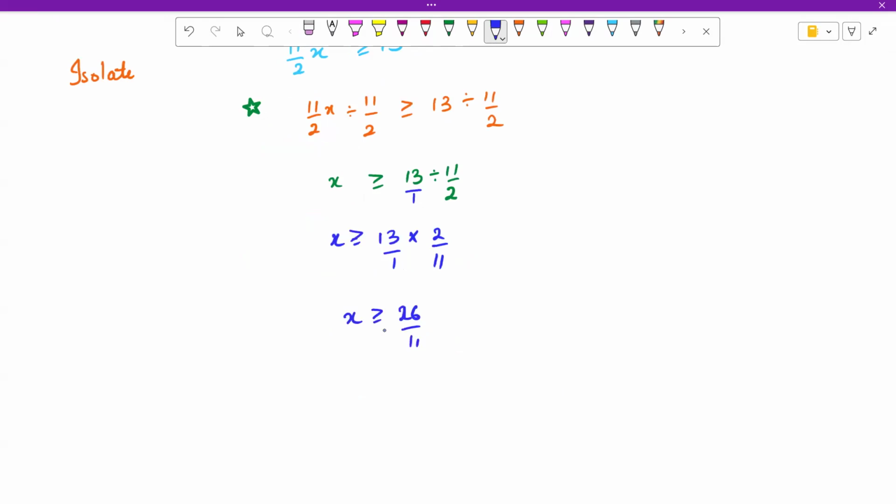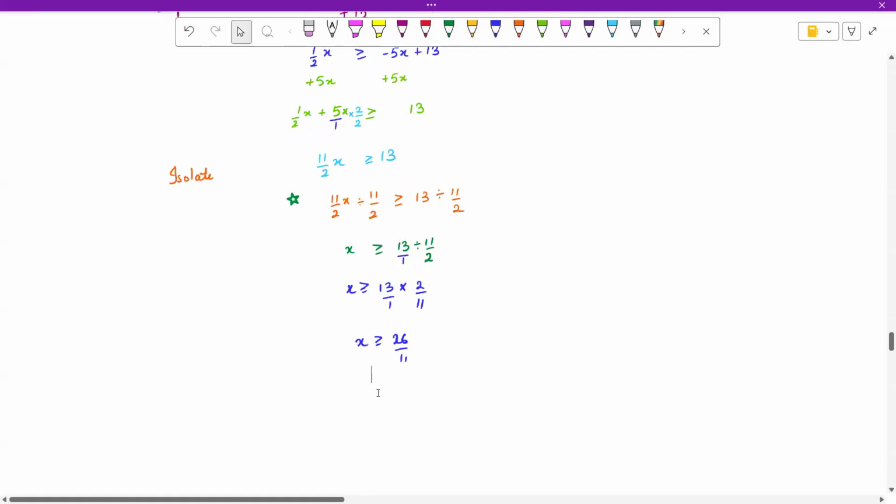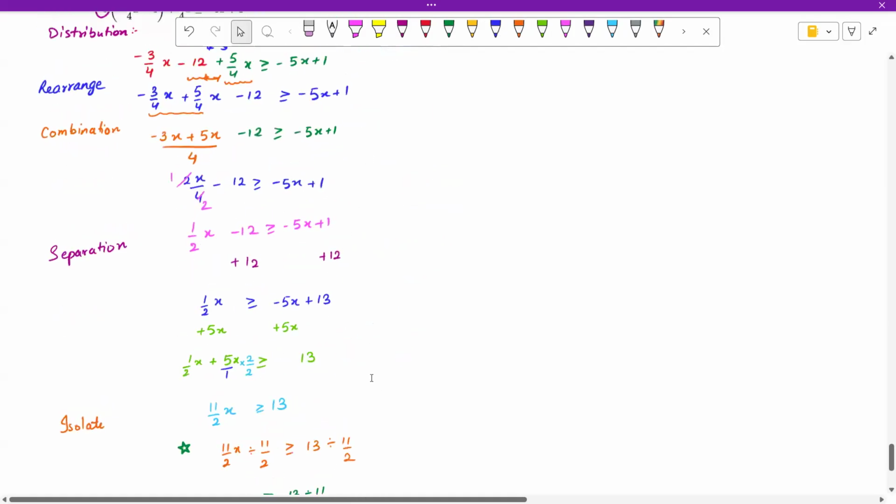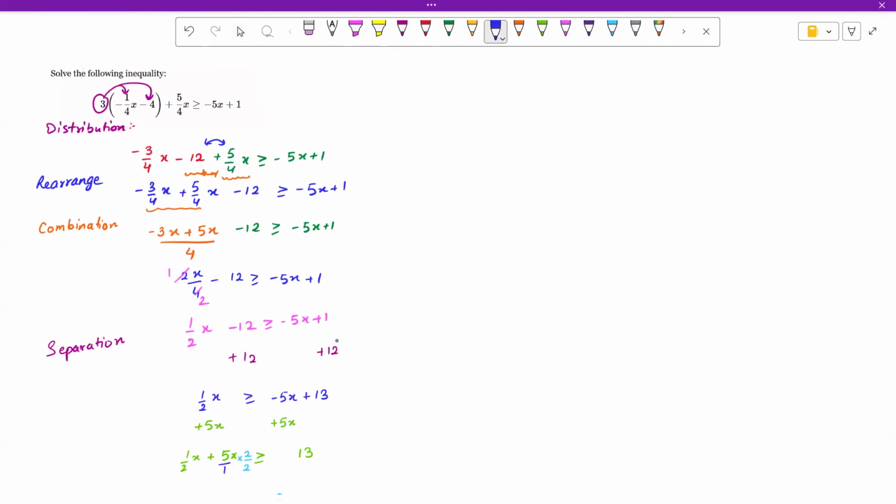So, x is greater than or equal to 26 over 11. Now, in this whole process, let's go over what we had done. Number one, the bracket was not solvable because one term was a variable term and the other was a constant term, so we did the distribution. After distribution, we rearranged the terms so that it is easier to solve the terms which are alike.